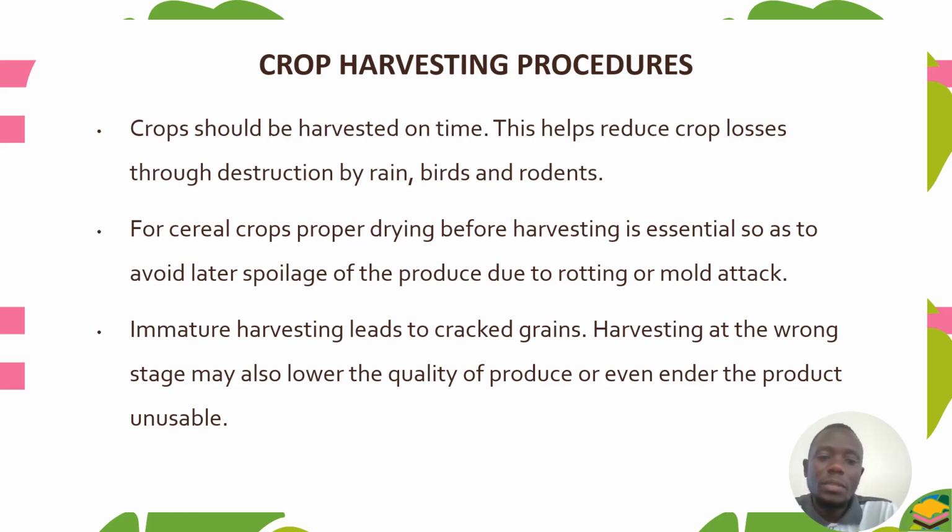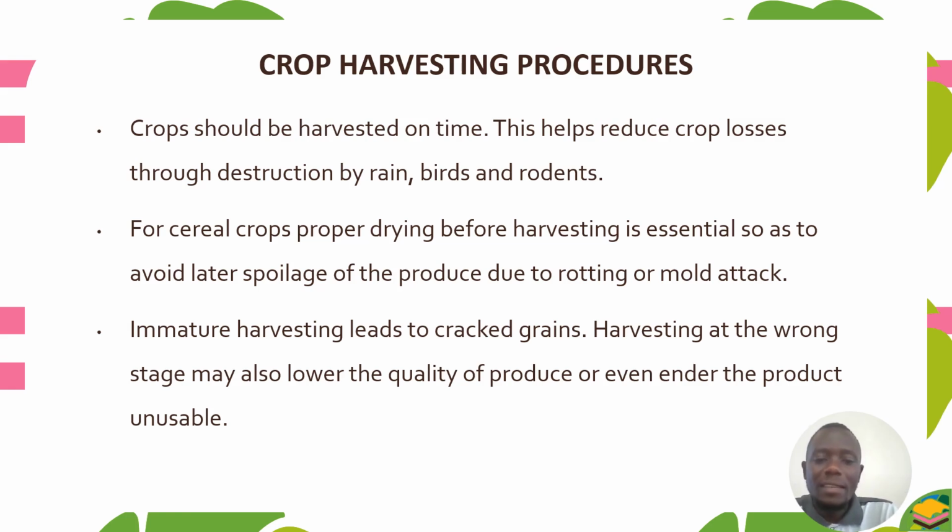For cereal crops, proper drying before harvesting is essential so as to avoid later spoilage of the produce due to rotting or mold attack. So before harvesting, make sure that the cereals are properly dried to avoid spoilage due to rotting or mold attack.